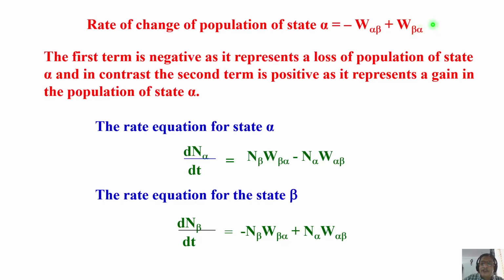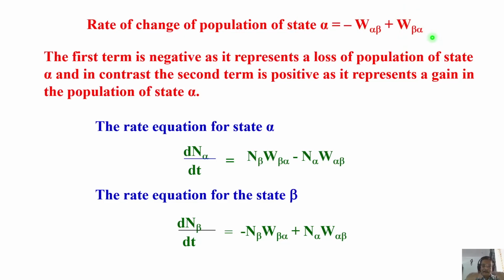The probability of the spins coming from a higher energy state to lower energy state is more, and this is negative because at the same time there is also the possibility that spins from the lower energy state go to higher energy state. When it goes from alpha state to beta state, it is a loss of signal, a loss of population in alpha state. When the spins come from beta state to alpha state, there is a gain in population for alpha. That is why the first probability is negative, the second probability is written positive.